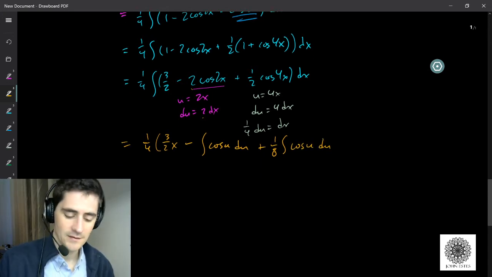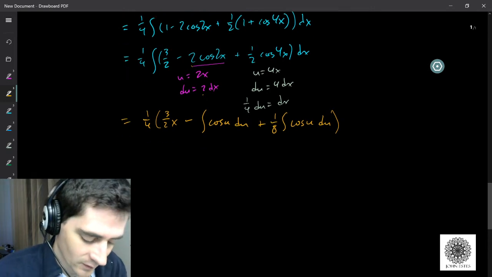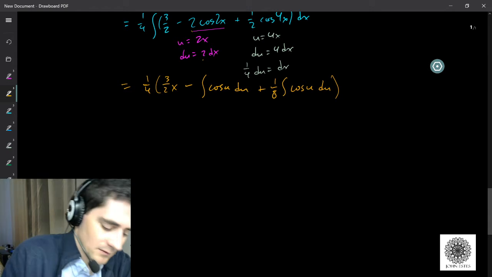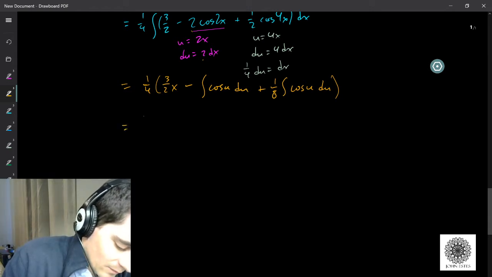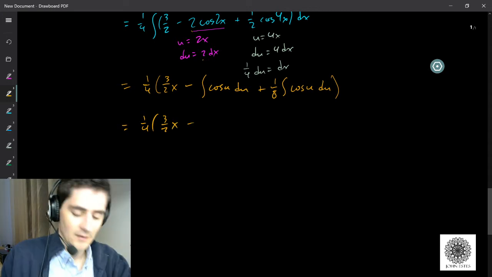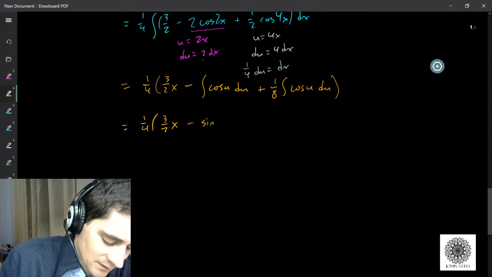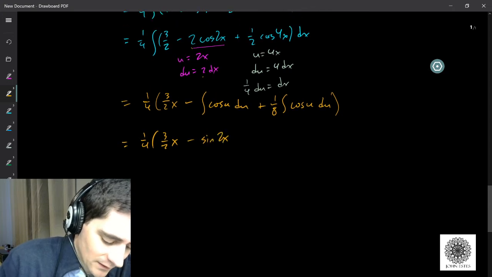I hope that makes sense. And remember, all this is being multiplied by 1/4. I haven't even put that in. So here we get 1/4 times 3/2 x minus the integral of cosine u, which is sine u, and I'm going to replace that with sine 2x.